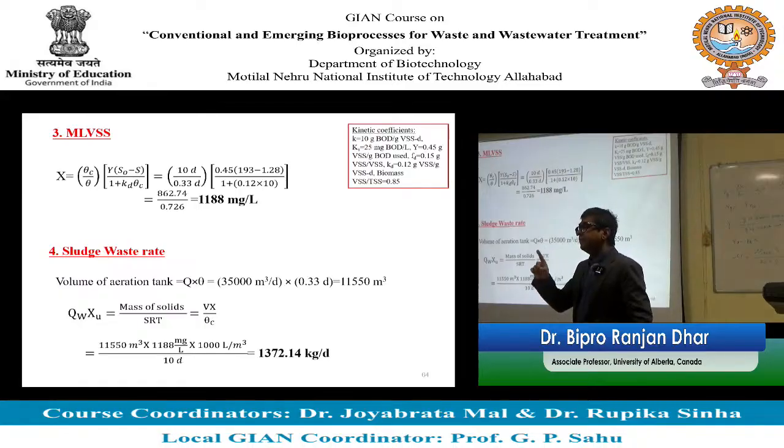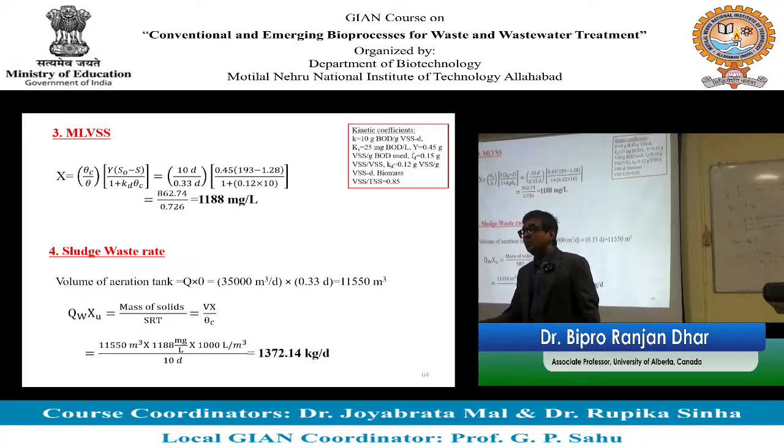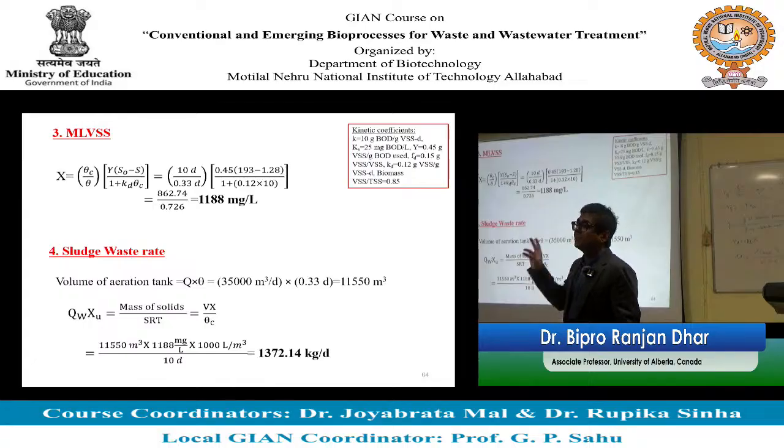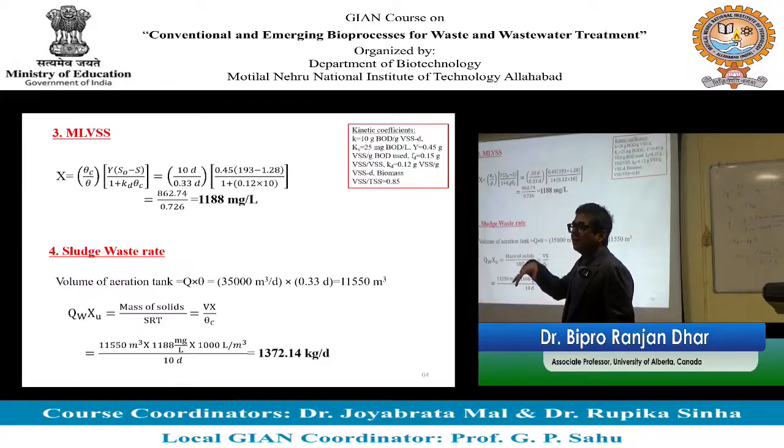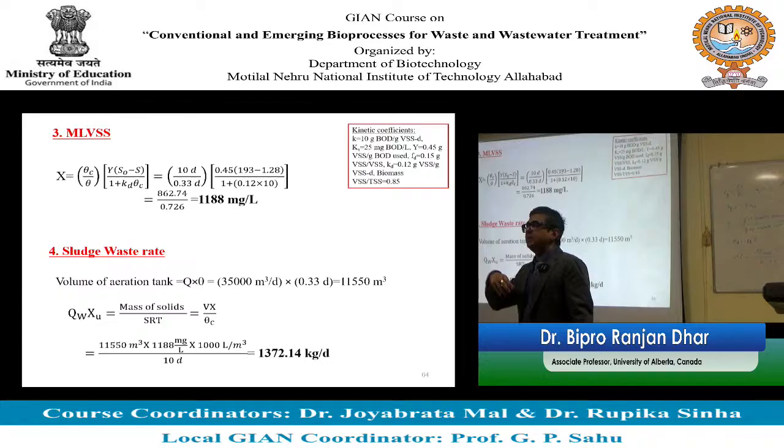But sometimes how you provide the input varies in different software. Remember yesterday I was talking about readily biodegradable COD and slowly biodegradable COD. Every modeling software asks you to provide the fractionation of the input in a different way.